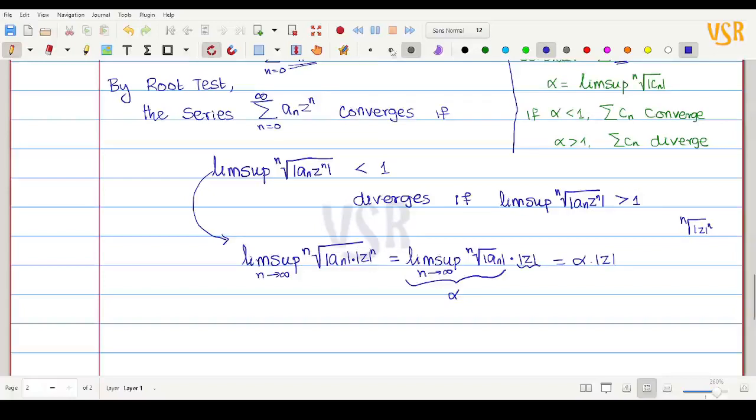Okay, hence இப்போ நான் எல்லாத்தையும் சேர்த்து திருப்பி சொல்றேன் பாருங்க.